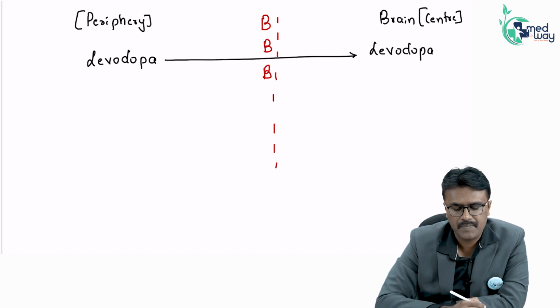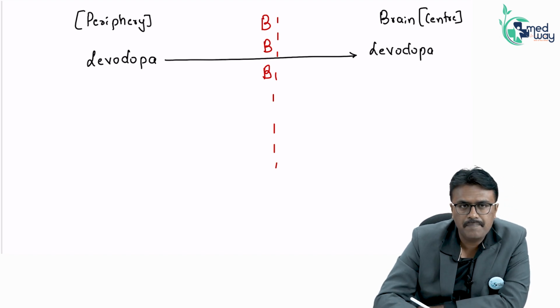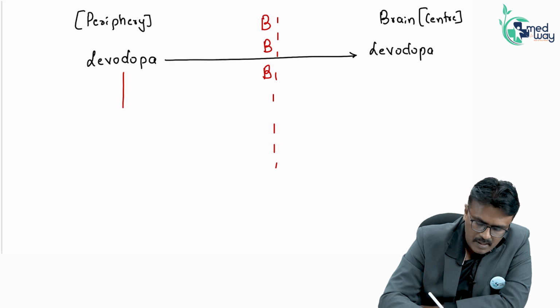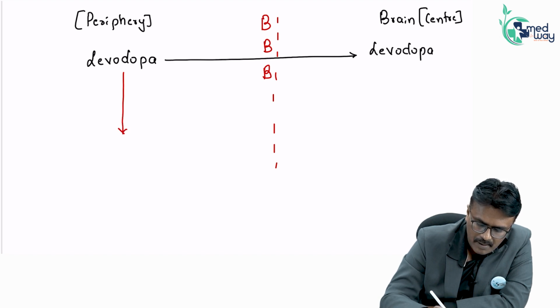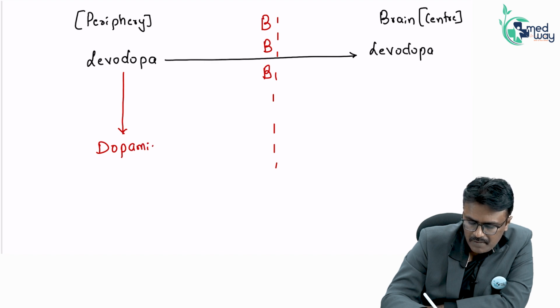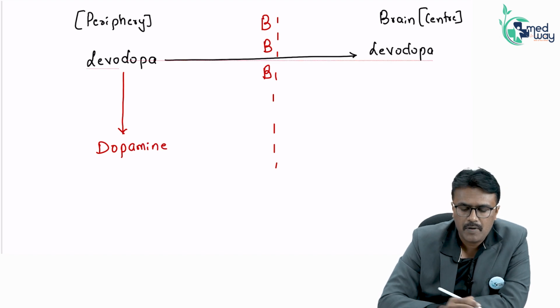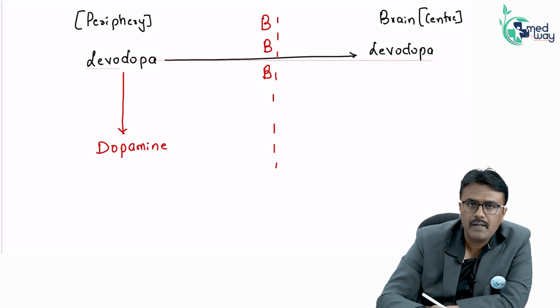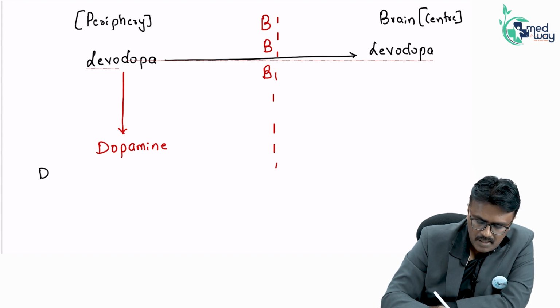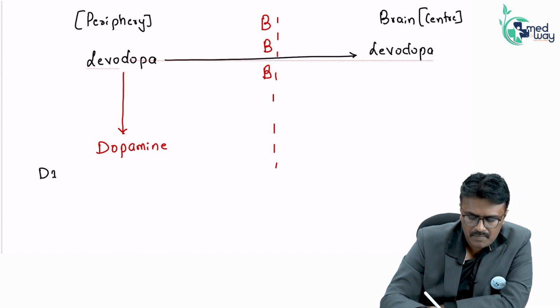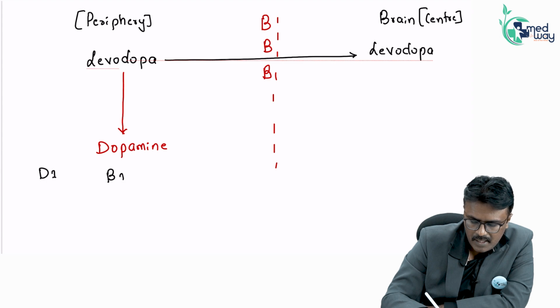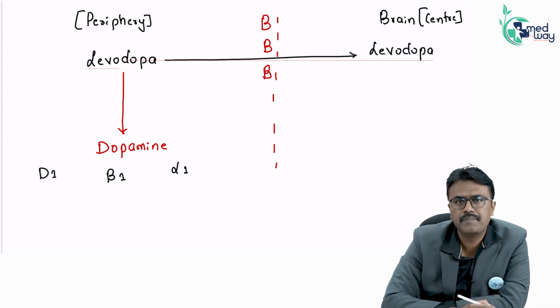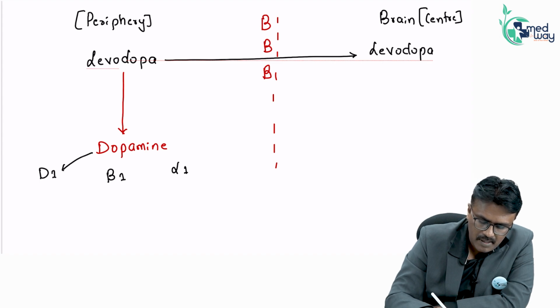We know that. Now when I use levodopa, levodopa can become dopamine outside the brain also, that is in the periphery. If you remember, dopamine can act on the receptors D1 at very low dose, beta 1 at medium dose, and alpha 1 at high dose.